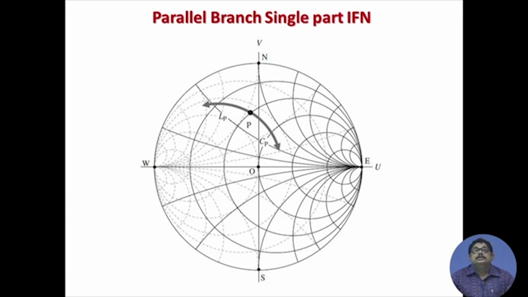Now, in the Smith chart, from this point P, if I have a parallel branch of inductance, I am going in the anticlockwise direction, whereas for a parallel capacitor C_P I am coming clockwise.